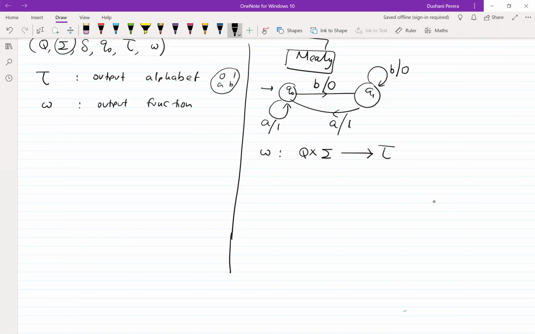At Q naught, if you see alphabet symbol A, the output you see is 1. At Q naught, if you see B, you get 0. So your output is associated with the transition.